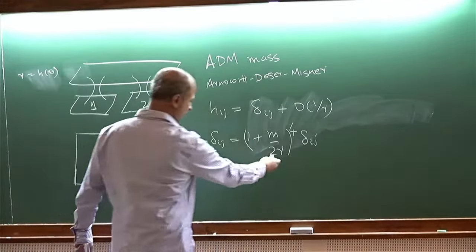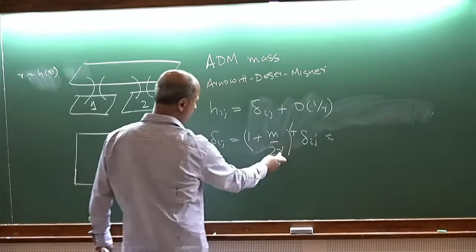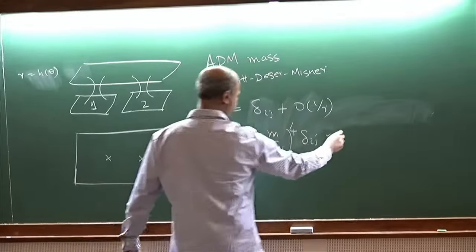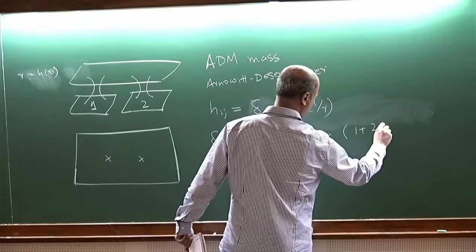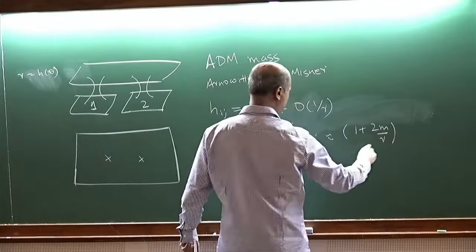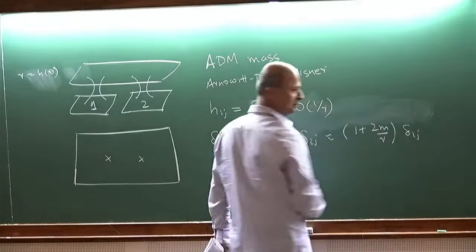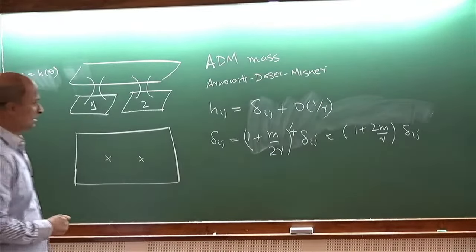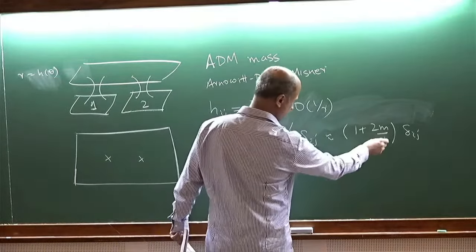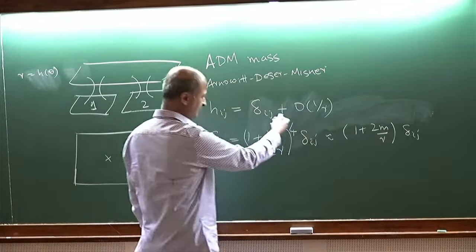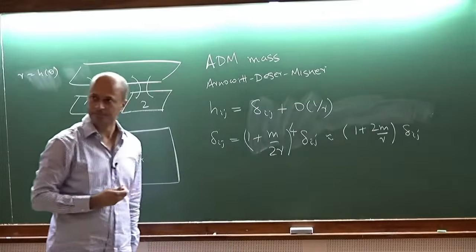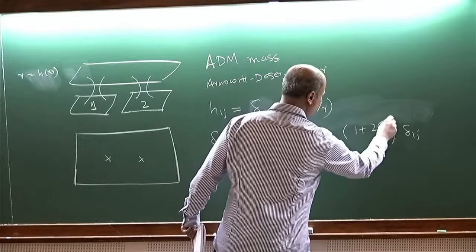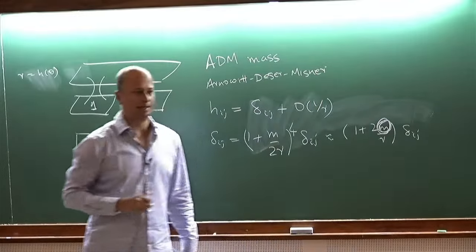So for large r, this is approximately equal, so r is very large, so this quantity is very small, so therefore this becomes approximately 1 plus 2m upon r times delta ij. Okay, do you see that? Now, whenever the metric is, so this is a 1 upon r correction to the flat metric, so it's exactly of this form. And when you can write the metric in this form, then the number that appears here is called the ADM mass.